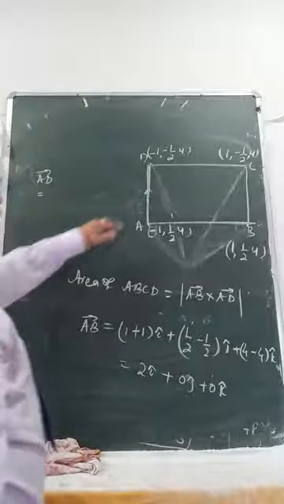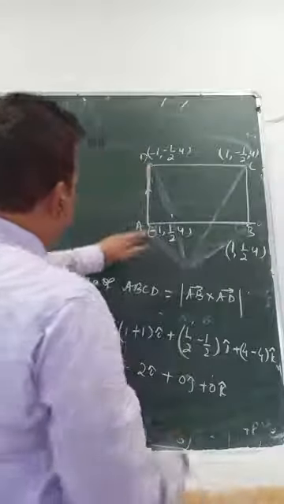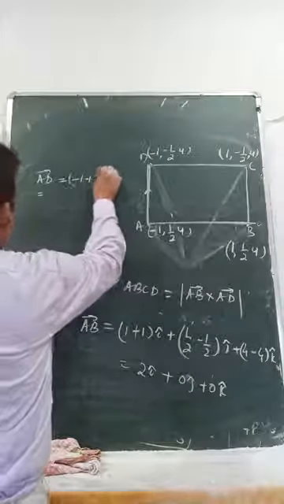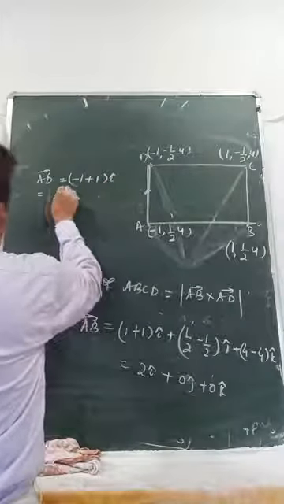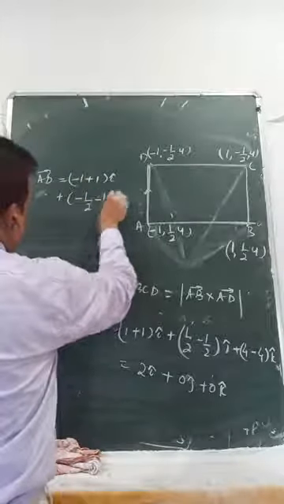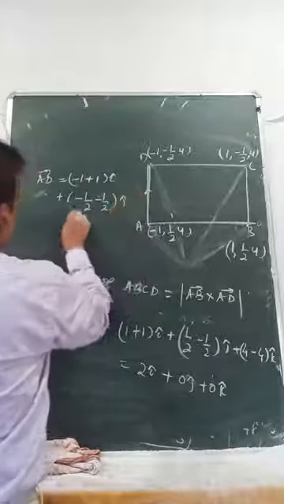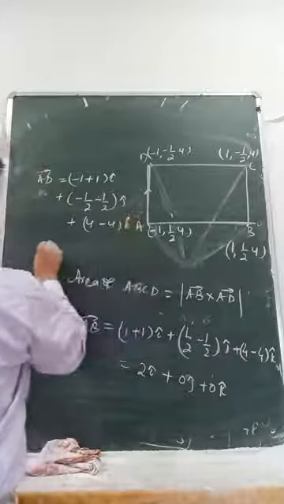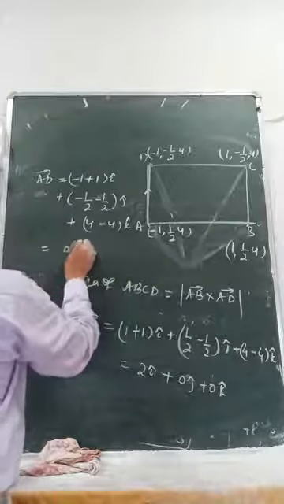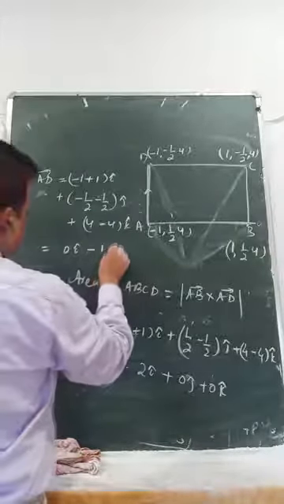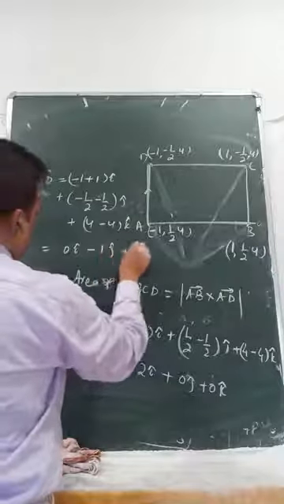Terminal minus initial: minus 1 plus 1 i, plus minus half minus half j, plus 4 minus 4 k. That is 0i minus 1j plus 0k.